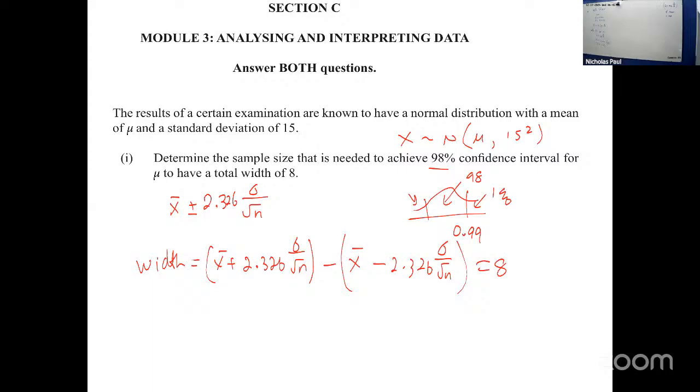Use 2.326. Plug in the lower limit value, the rounded down value, and see what you get.